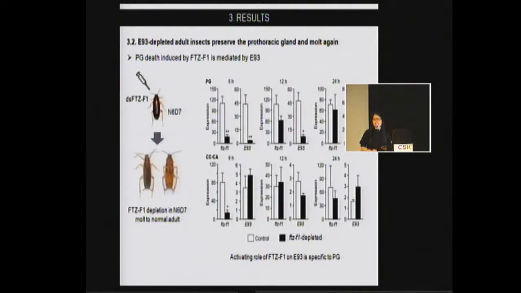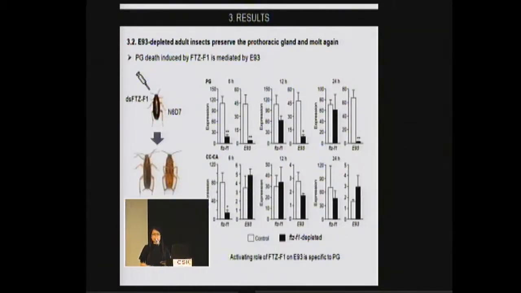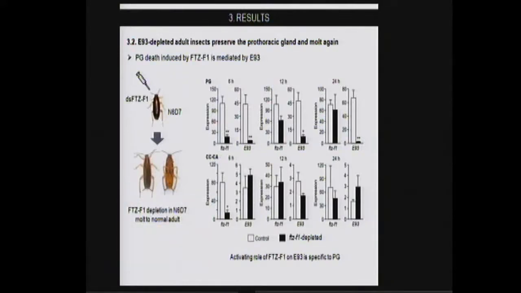And the last experiment in this study: we wondered about the interaction between E93 and Fushi tarazu transcription factor 1. Because when we suppress E93, we still get adults with a prothoracic gland that did not degenerate, the same as when they suppress Fushi tarazu factor 1 in NIM6.